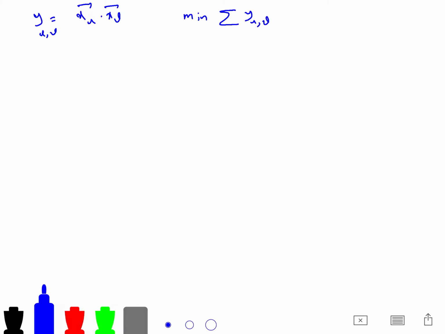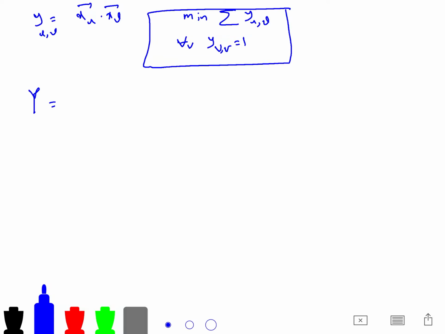It's just a simplification of our formulation: for any v, y vv is 1. So we write the SDP like this, and we use the ellipsoid method to solve the SDP in polynomial time.